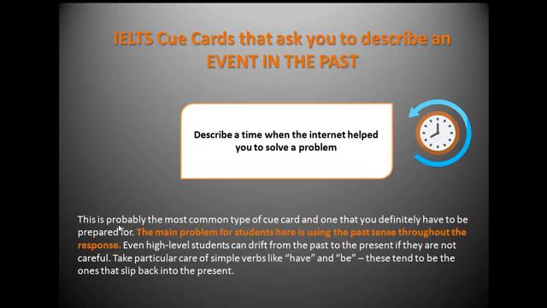So what you have to do is take particular care of simple verbs, like have and be, because these tend to be the ones that slip back into the present. Obviously, there are a lot of students who even get confused in the usage of are, were, is, was. So when you just focus on the story you are telling, you drift from one tense to the other.